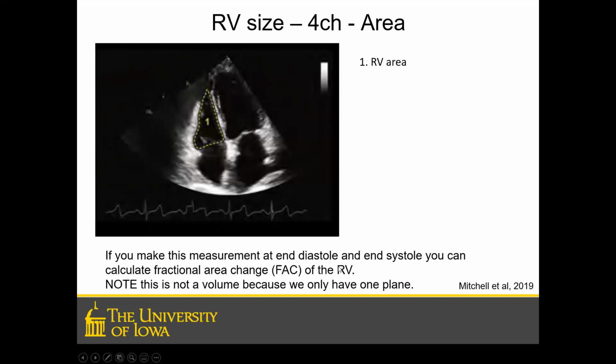Now, be sure to note, we can't do an ejection fraction of the RV because there's no way to get a second, well, I shouldn't say that. We can with 3D. With 2D imaging, we can't get an EF because there's no way to get a two chamber on the RV like we can on the LV. So we can only do the four chamber trace, and that'll give us a fractional area change.